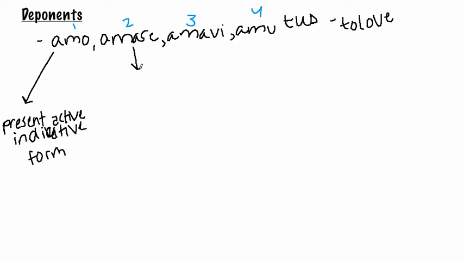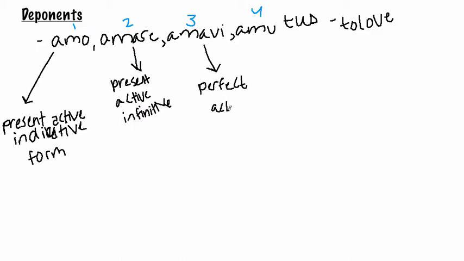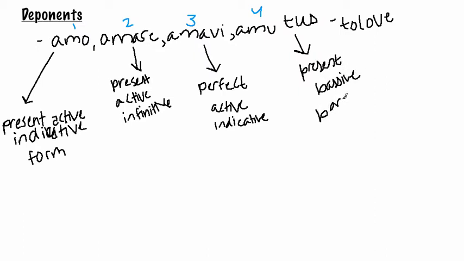Your second principal part is your present active infinitive. Your third principal part is your stem for the perfect, among other things, but I'll just write perfect active indicative. And then finally, your fourth principal part is your present passive participle.